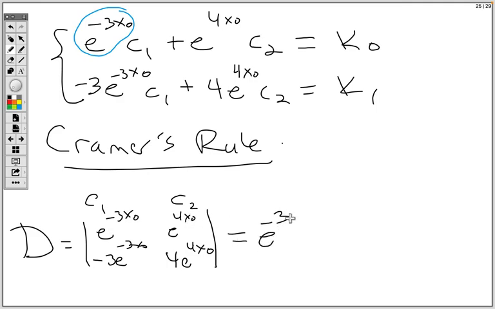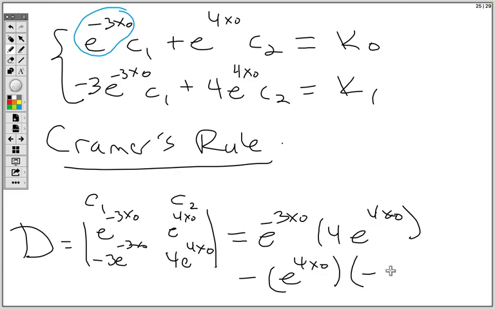I've got e to the minus 3x naught times 4e to the 4x naught minus e to the 4x naught times negative 3x naught. And now we're going to simplify this.